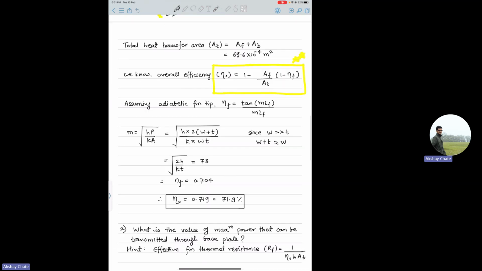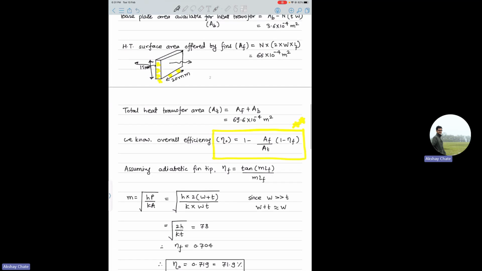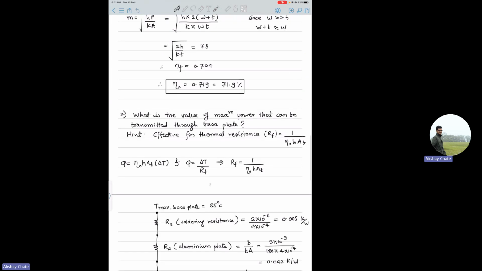Total area for heat transfer we have as 69.6 into 10 to the power minus 4, into H, I think is around 100. Yeah, H was I think 100 only.